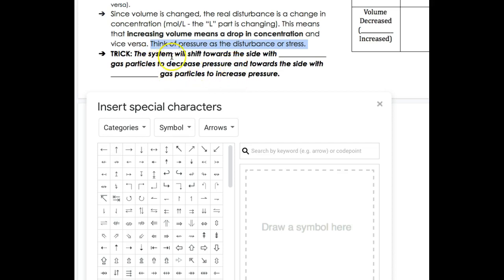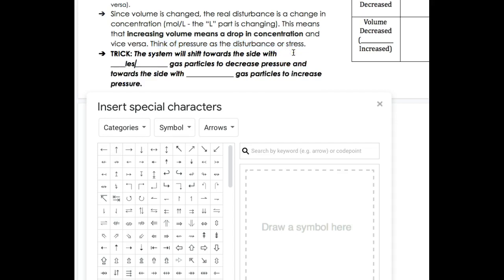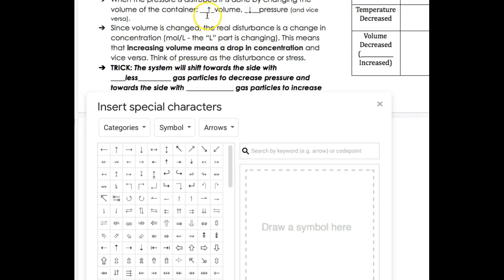So it says, the system will shift to the side with less gas particles to decrease the pressure. If you want the pressure to go down, let's say the volume went up, right?